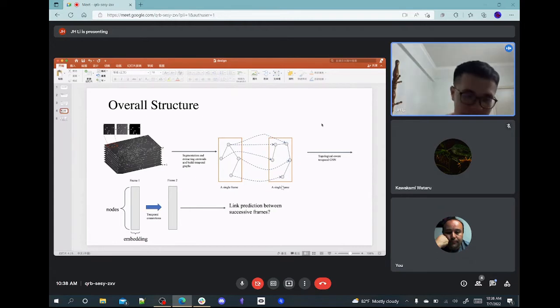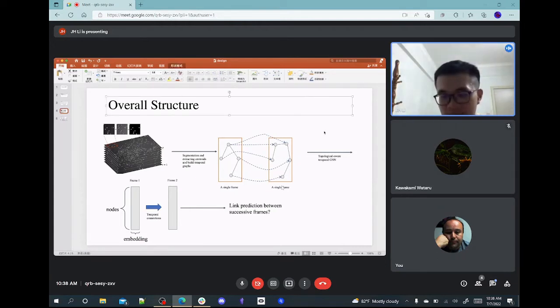Actually, when we build such a graph in a single frame, we are considering its distance, but it can be some other distance instead of the Euclidean distance. If we regard such a frame as a manifold or some other geometry, maybe we will use some other kind of distance.